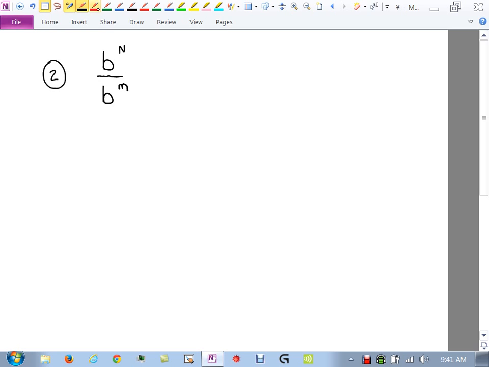Well, let's look at the example underneath it and see if we can figure it out. What if we have b to the fourth over b to the second? Wouldn't this be b times b times b times b over b times b? Isn't that what that would mean?